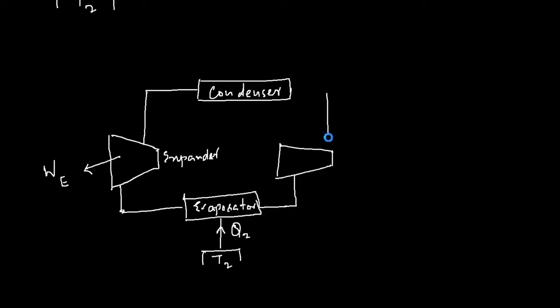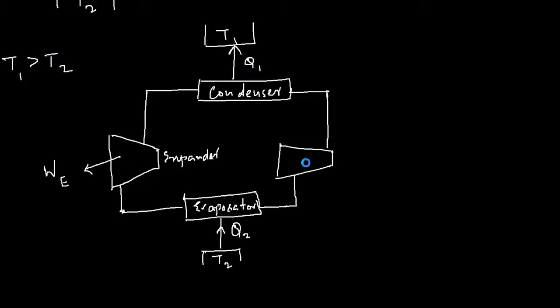From the compressor it goes into the condenser, and in the condenser it rejects the heat Q1 to the body which is at a high temperature T1. The condition is T1 greater than T2.